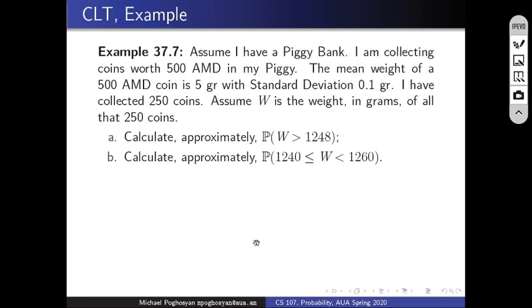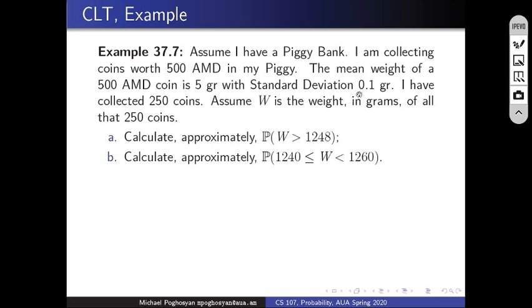Okay, an example of usage of CLT. Assume I have a piggy bank, in Armenian Hayren Kassa. I'm collecting 500 AMD coins in my piggy. The mean weight of that 500 AMD coin is 5 grams. This is from Wikipedia.